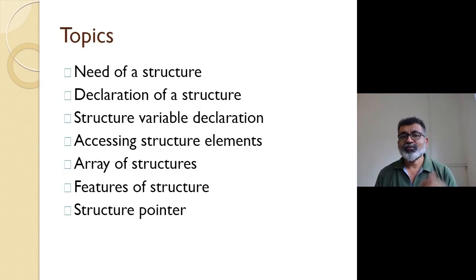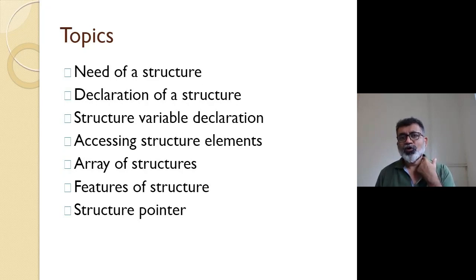Then there came how elements having the same data type and same nature can be stored in a single variable. What I said: elements having the same data type and same nature.